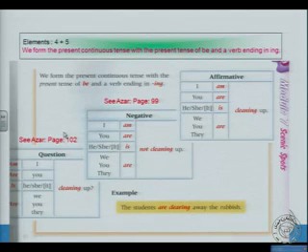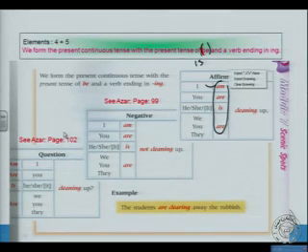Okay, so here we form the present continuous tense with the present tense of be and a verb ending in ing. So it is the present tense be, which is is, I am, are, is and are.